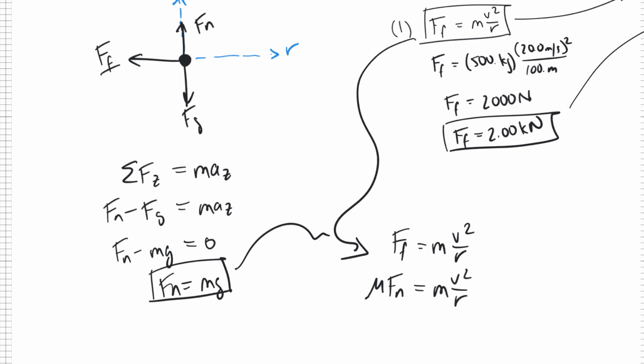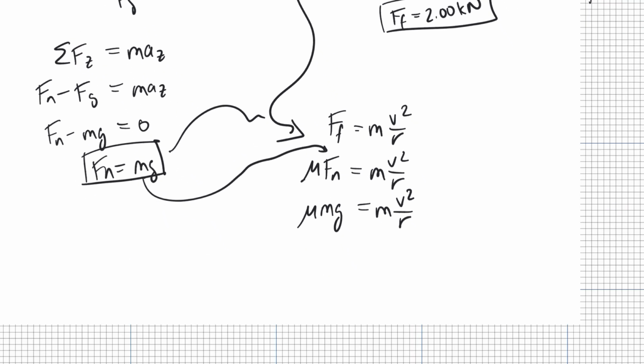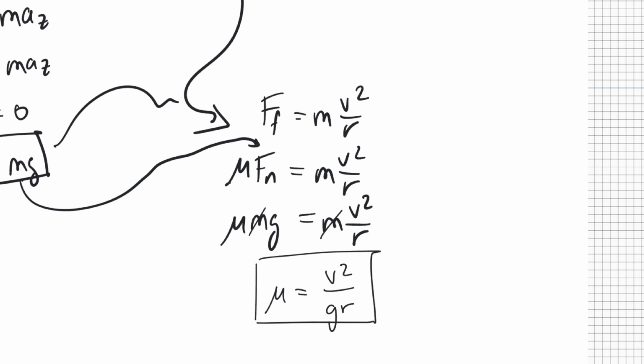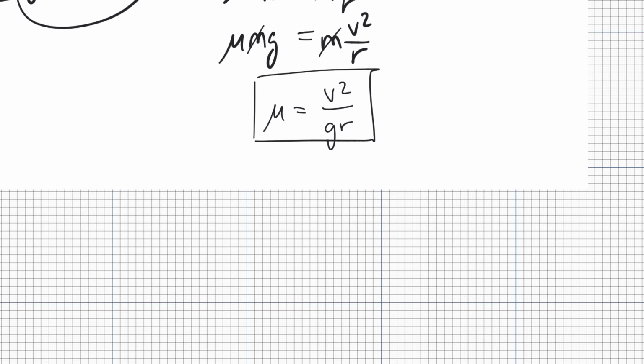And then I want to expand again because the normal force now is mg, so mu mg equals mv squared on r. Okay, so we're going to do a little algebra, and we're going to get that mu, which is what we're looking for, is v squared on gr. And of course that's obviously the minimum you need, otherwise you will slide off the road.